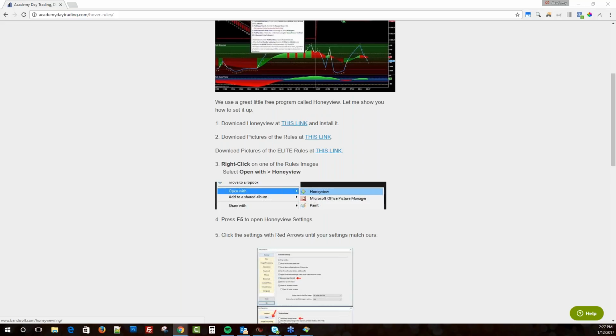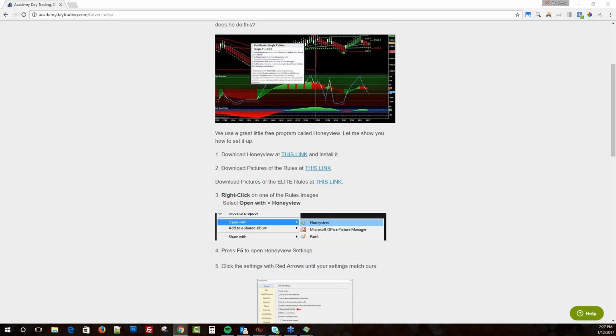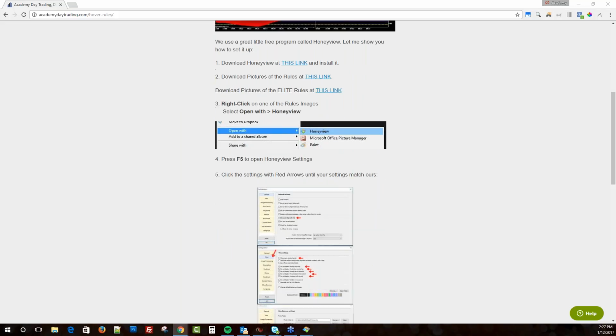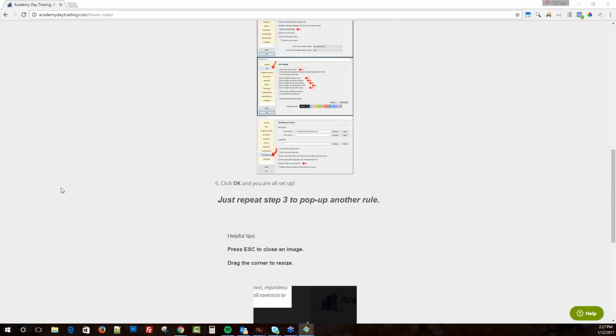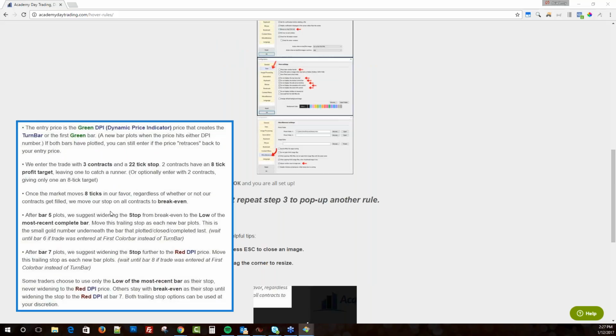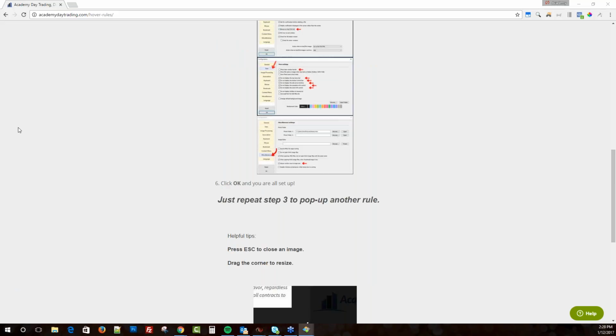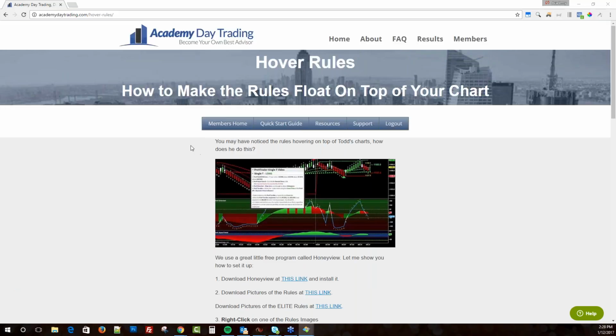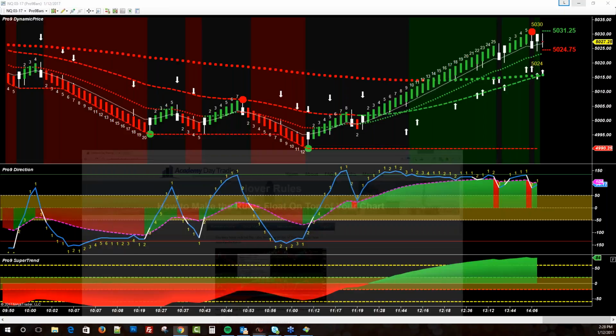It's a free program we found. And then links of our rules. And follow these instructions to set up the settings how we have them, so you can have your handy rules, move them around all over your screen however you like. Very helpful, especially when first starting out, so you don't have to jump back to the members area to confer with the rules. Can make it a bit easier.